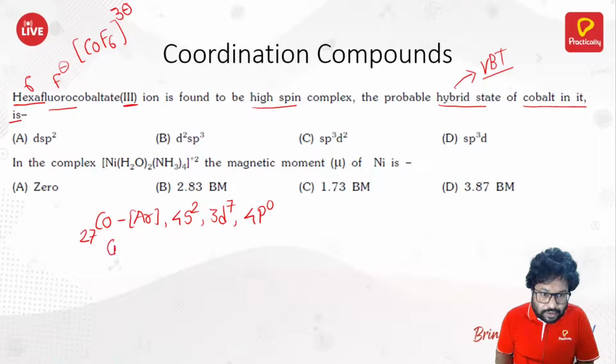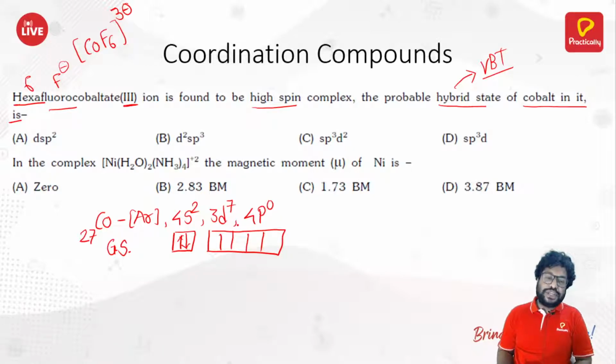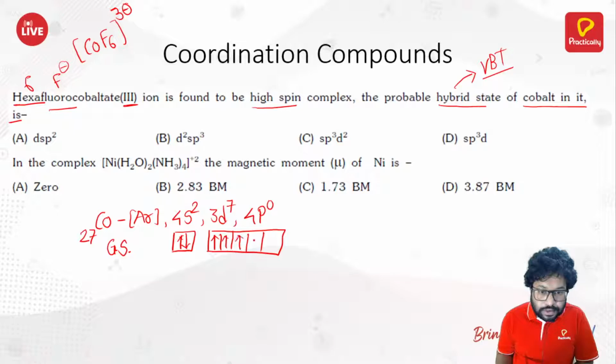Let's write it in the ground state. You have 2 electrons in the 4s, then you have d7, distributed as 1, 2, 3, 4, 5, 6 and 7, and 4p is empty.